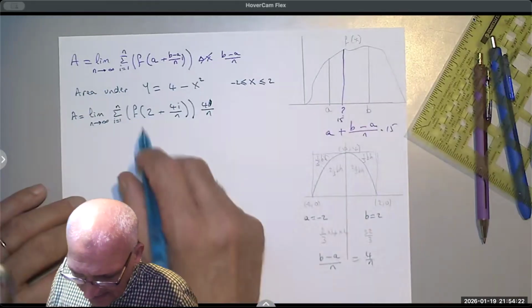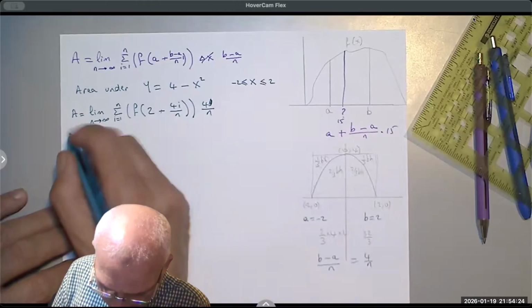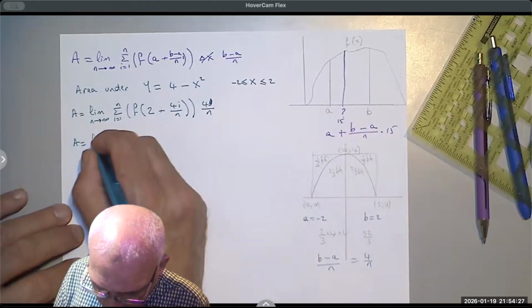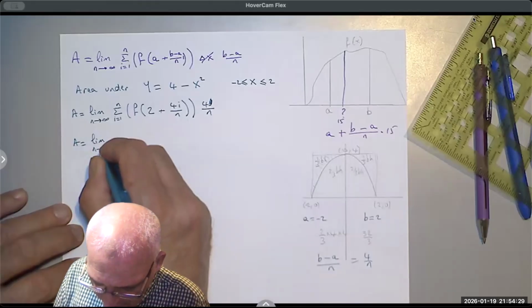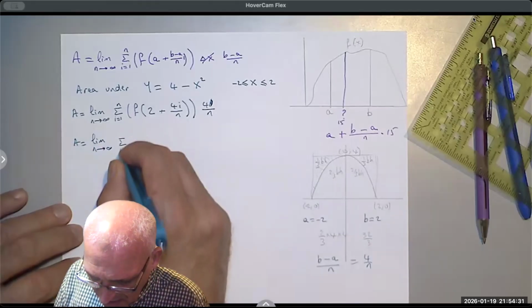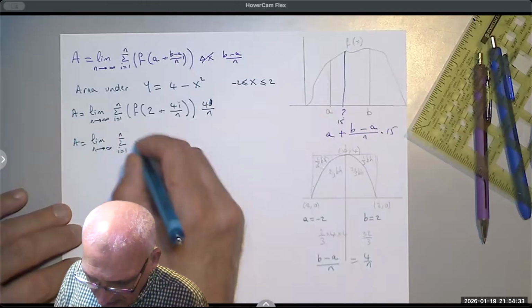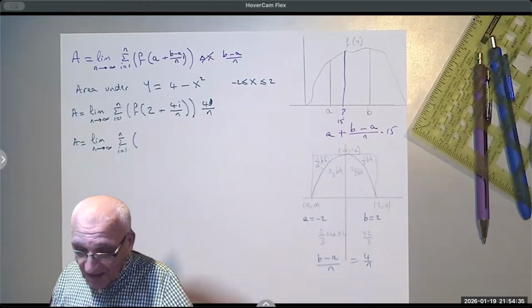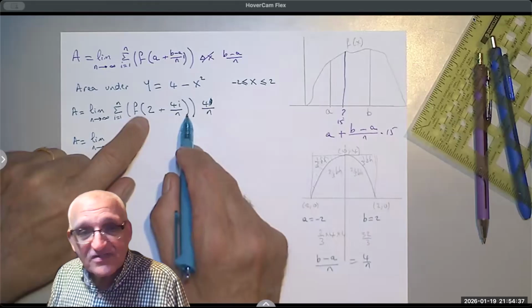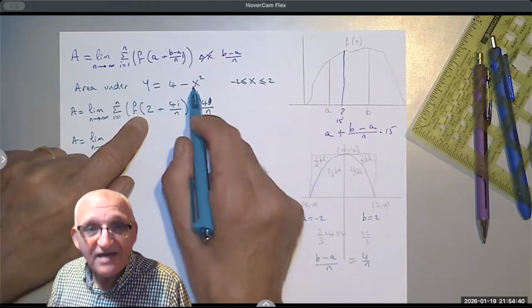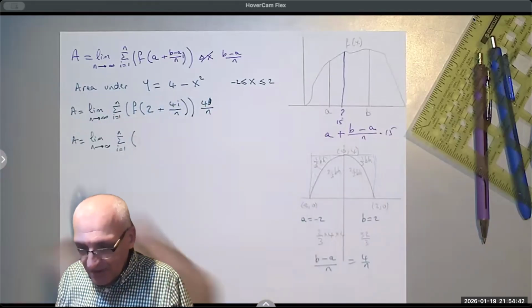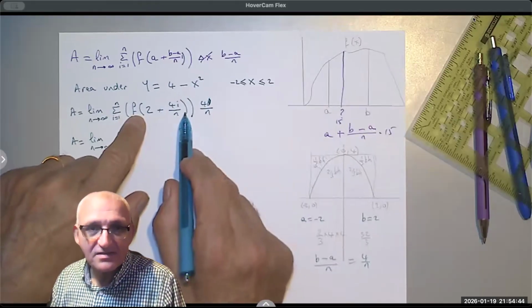But how do I find this? Well, it's the limit as N approaches infinity, summation I going from 1 to N of f of something. When I say f of something, it means in your equation, every time you see x, you replace it with what's between the parentheses.